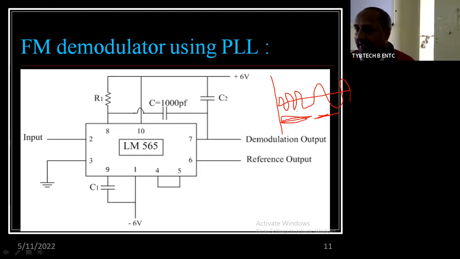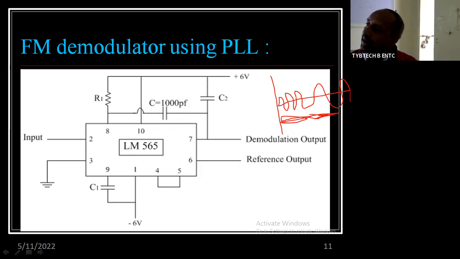If the amplitude of the modulating signal increases, it is compressed more. For the negative half cycle of the modulating signal, it spreads apart from each other. So this is what the FM signal is. Now the opposite is going to happen at detection, that is, at the receiver level.